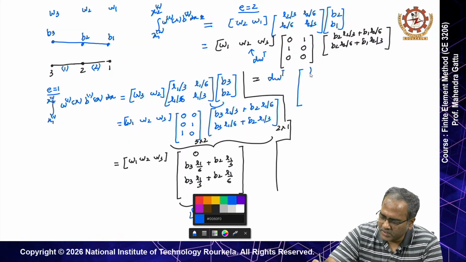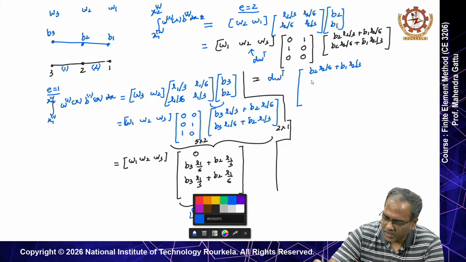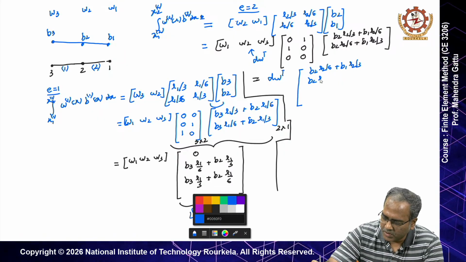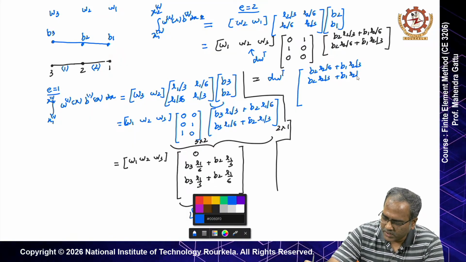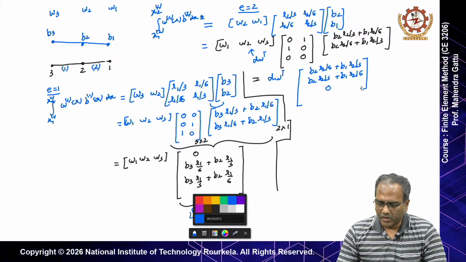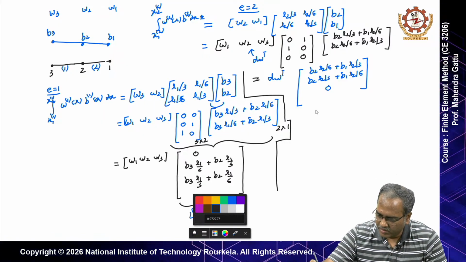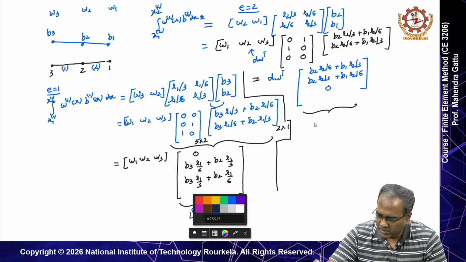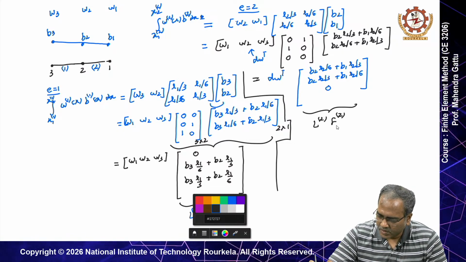The first term is B2 L2 by 6 plus B1 L2 by 3, the second term is B2 L2 by 3 plus B1 L2 by 6, and the third term is 0. Okay. So this term you can call L2 transpose F2 omega.